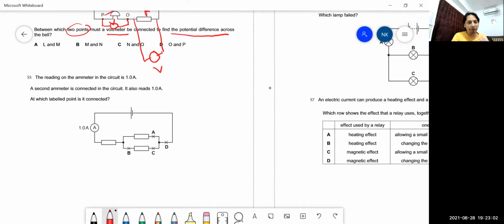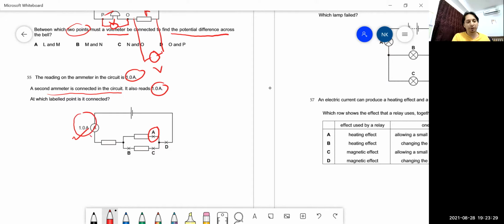If you go through statement 55, the ammeter reading is 1 ampere, and a second ammeter is also there. Where is the second ammeter? The second ammeter is connected in the circuit. It also reads 1 ampere. At which point is it connected? Where do you have to connect the second ammeter? Can you connect the second ammeter at point A? No, because we have to measure the same current.